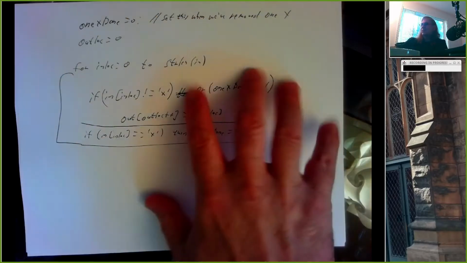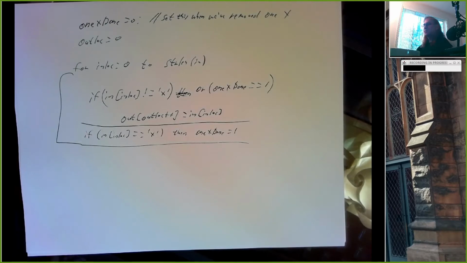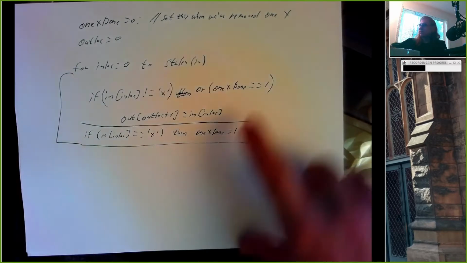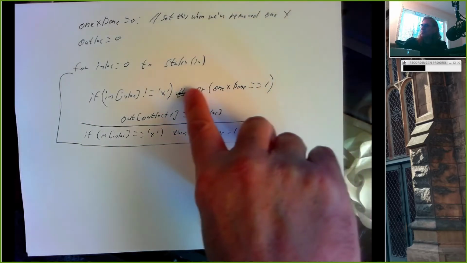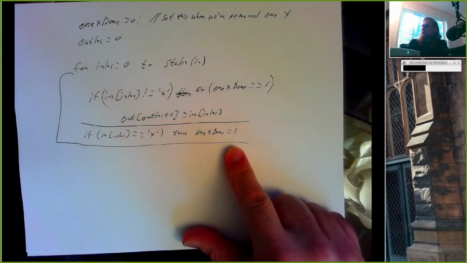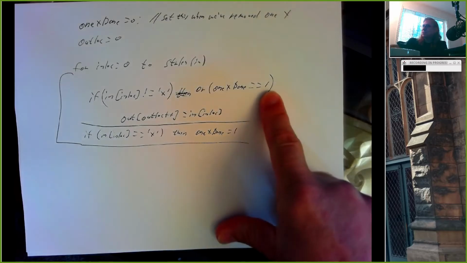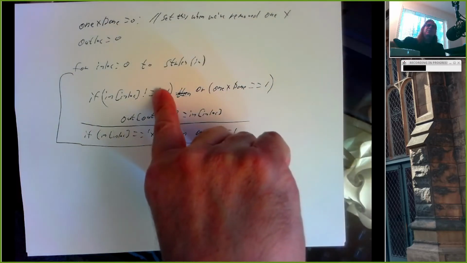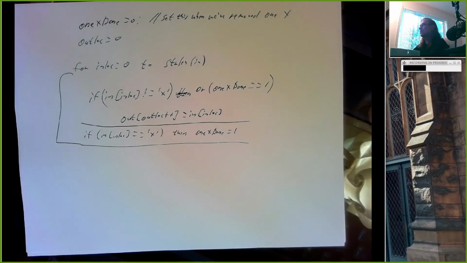All right, so this should get you ODP 417, right? It does exactly the same as 416, except for this little hook here, which says, hey, only do this skipping over the x's once. If we wanted to skip over the x's twice, right, skip the first 2 x's, we could increment 1x done, and then when 1x done is equal to 2, we would start copying all the characters, whether it's an x or not.